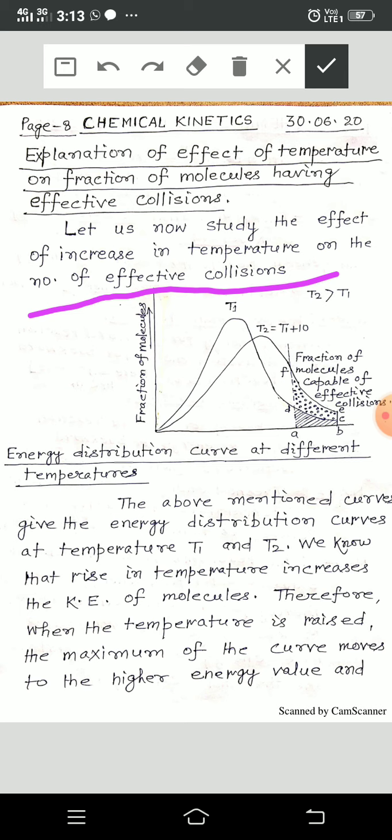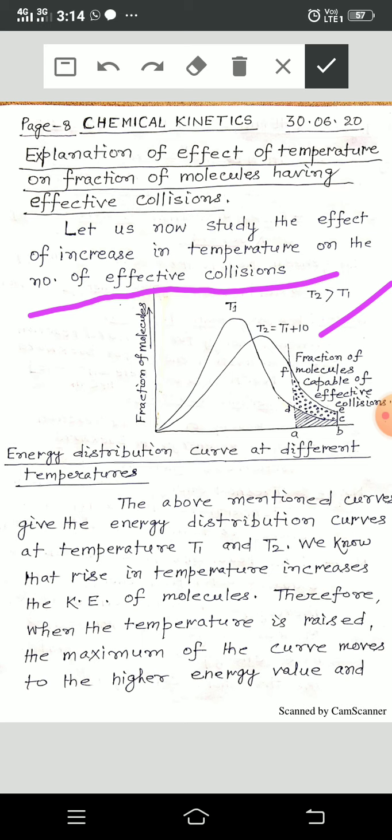At temperature T1, it is the graph when temperature is not raised, and T2 is the graph when temperature is raised by 10 degrees. That's why T2 is equal to T1 plus 10, meaning T2 is greater than T1.